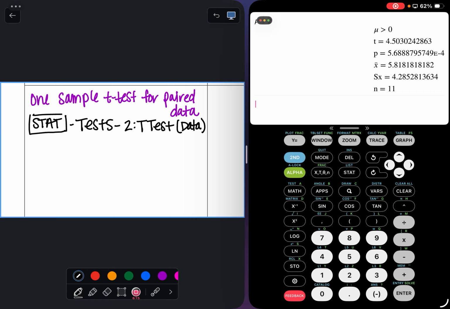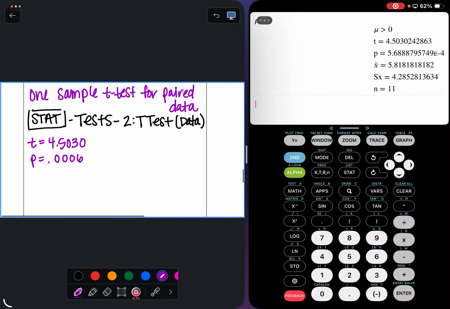And usually my recommendation is to write everything you get from this window down. So t is 4.5030, p is equal to... don't forget that if you see an E to anything at the end of your value, you have to move your decimal that many places. So this is going to be 0.0006.